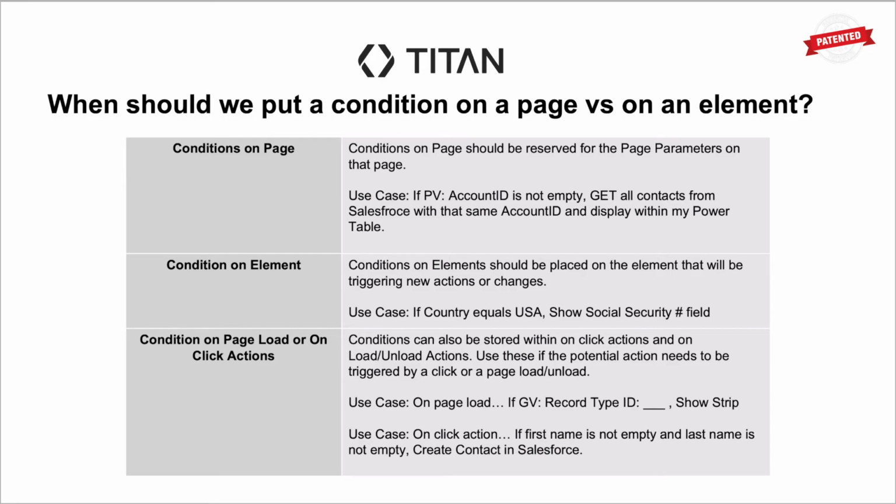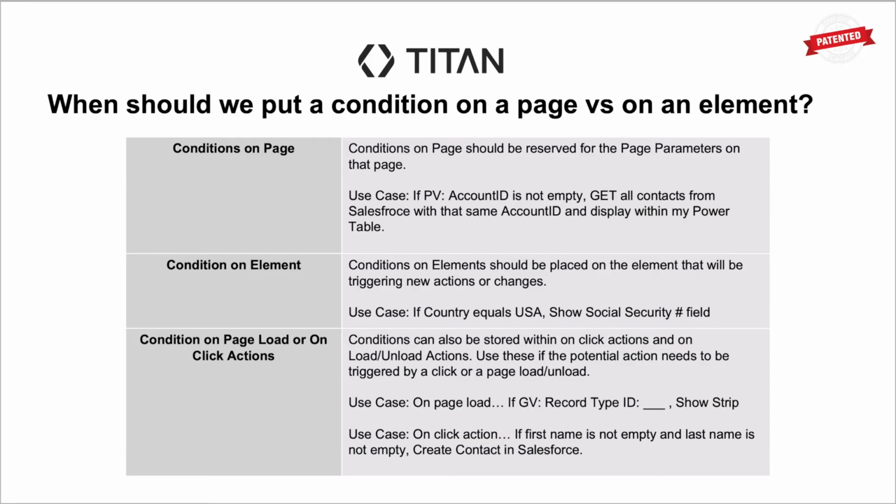Versus on an element, that should be reserved for things that that particular element will be affecting and triggering. So if you have a form, and if the country equals USA, if the user types in USA for country, then you can show the social security number field, because then maybe that means that they would have a social security number, but a different country would not have that field. And then you can also have conditions on the page load or on click actions.